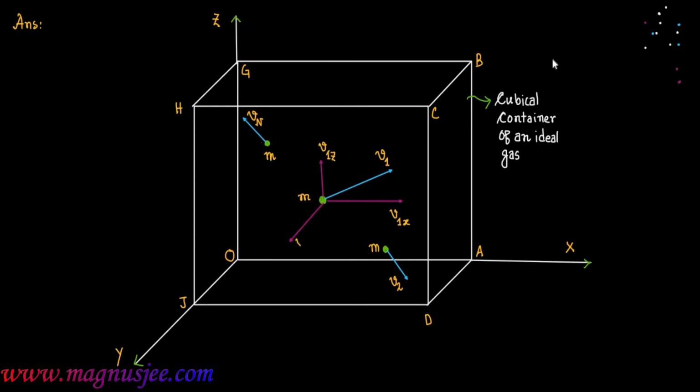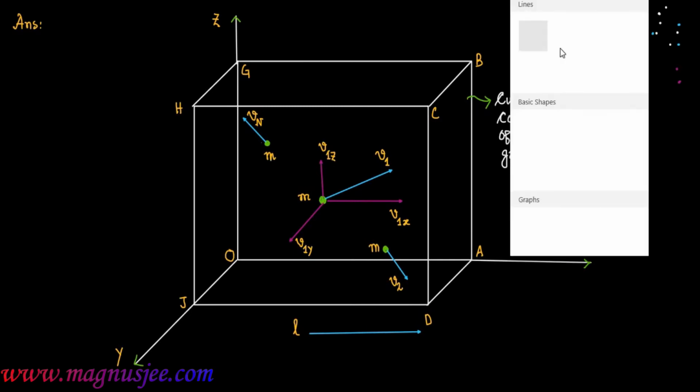And also we can consider the rectangular component of this velocity v1 along y-axis as v1y. L is the length of each side of the cube, or length of each face of the cubical container.